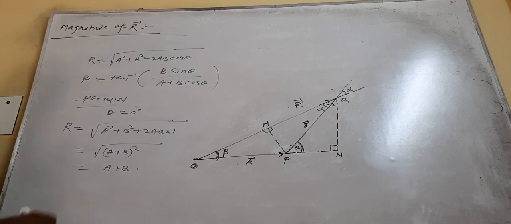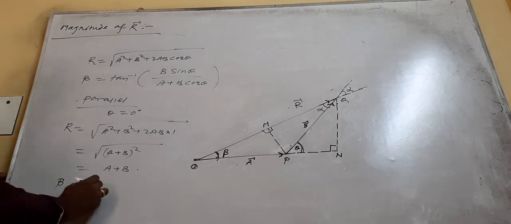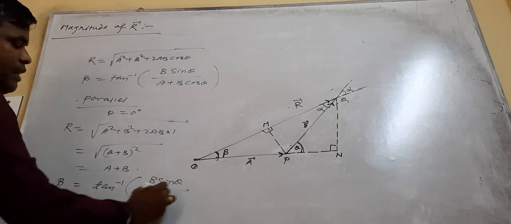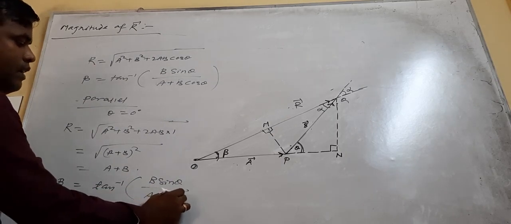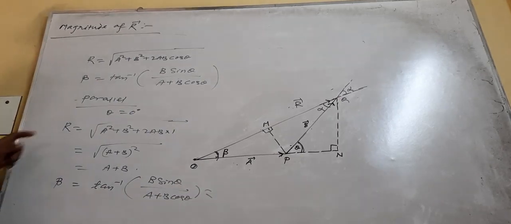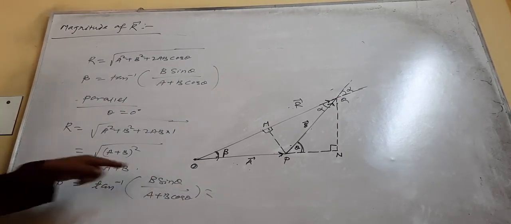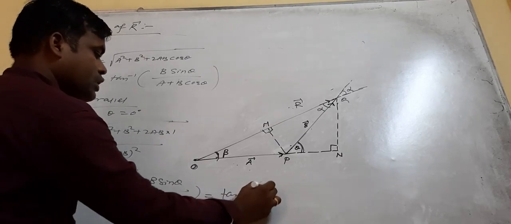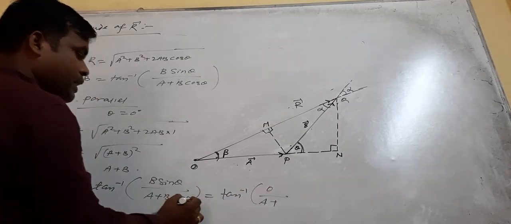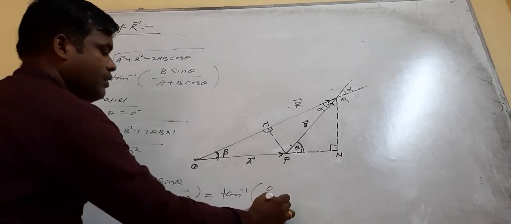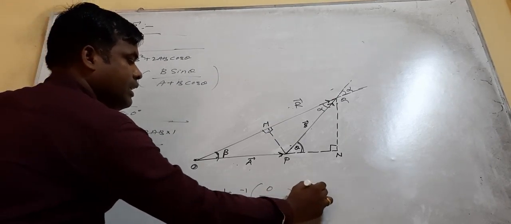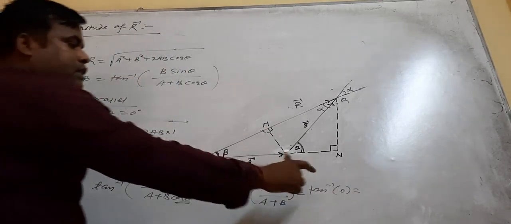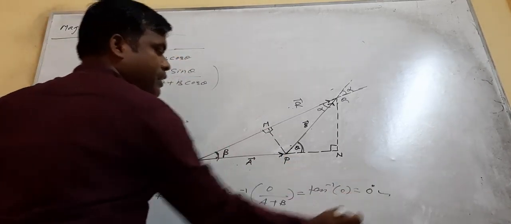Similarly, for direction, beta is equal to tan inverse of b sin theta by a plus b cos theta. If theta is equal to 0 degree, then b sin theta will be 0, since sin 0 degree is 0, and cos theta is 1. So tan inverse 0 by a plus b, and you will remember tan 0 degree is 0, so tan inverse 0 is 0 degree.